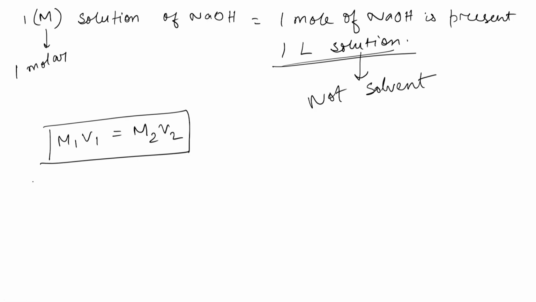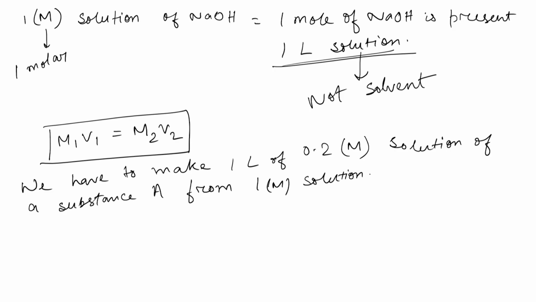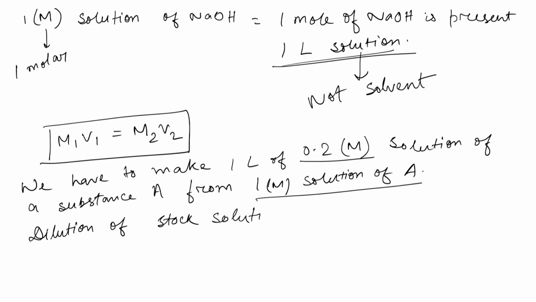Let's say we have to make 1 liter of 0.2 molar solution of a substance A from 1 molar solution of A. We have 1 molar solution of A and we have to prepare 0.2 molar solution of A. This is called dilution of a stock solution.